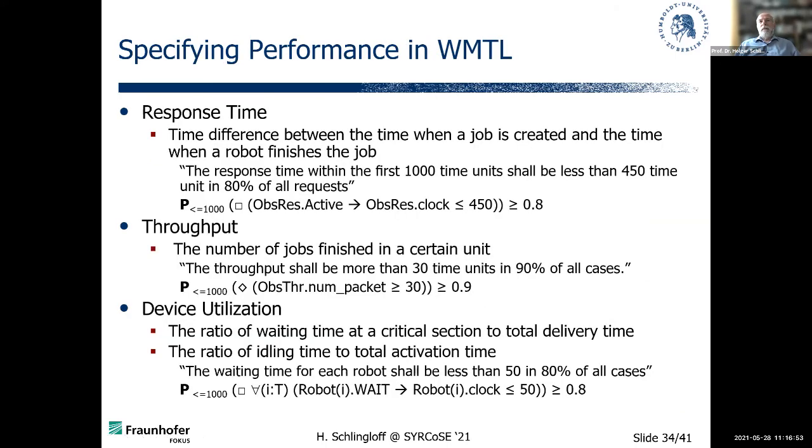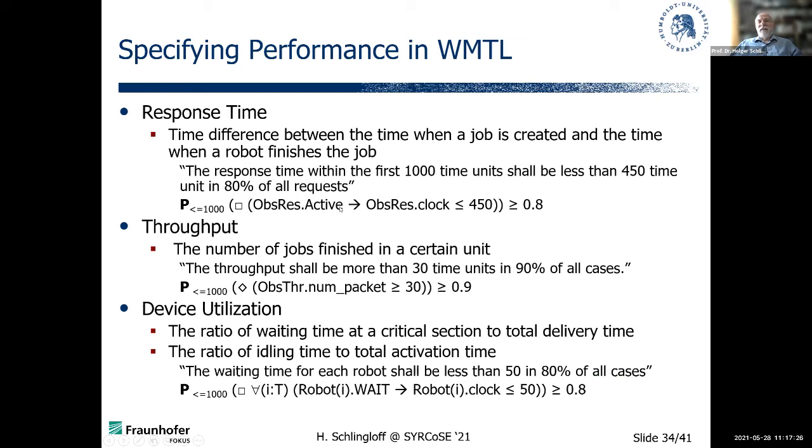And here are some properties, for example performance properties. I promised you not too many formulas, but here are some at least. The property is smaller than a threshold. Now, the property: the probability that the response time within the first 1,000 time units shall be less than 450 time units in 80% of all the requests.